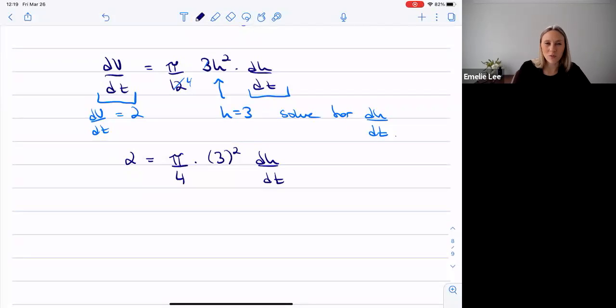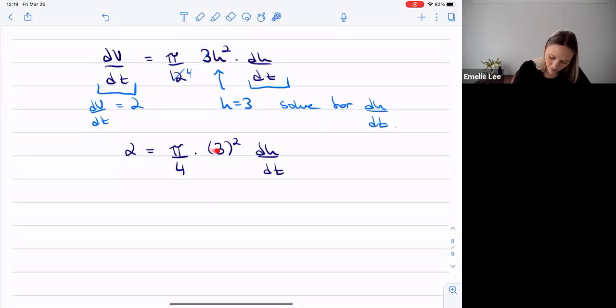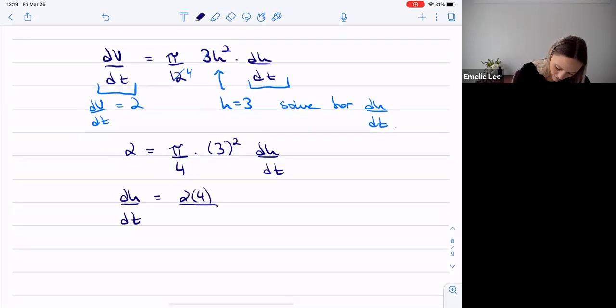Rearranging and solving for dh/dt, I'm multiplying across here. 3 squared is 9. So I have to multiply by 4 and divide by 9 pi. So dh/dt becomes 2 times 4 divided by 9 pi.